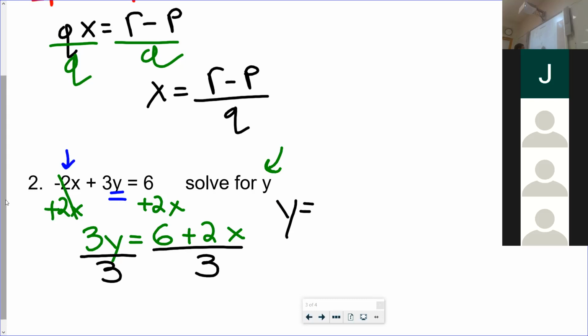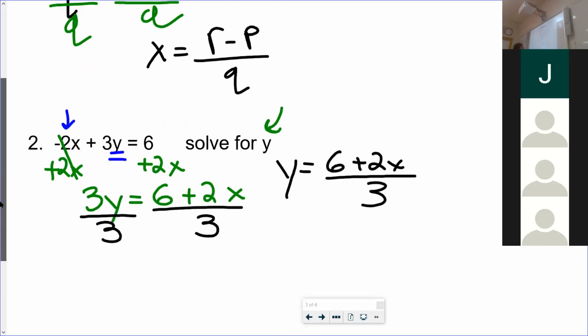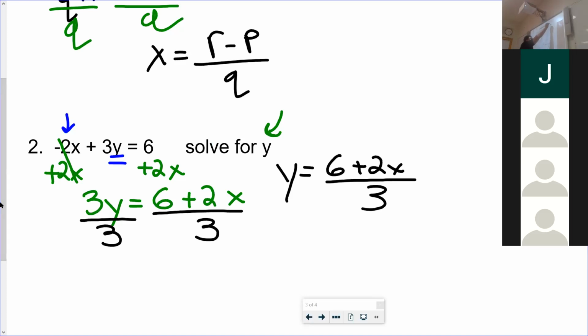Now, here's the thing though. It is 6 plus 2x divided by 3. Because I actually have numbers, I can simplify a little bit more. So I'm going to rewrite y equals 6 plus 2x over 3 as 2 separate fractions.